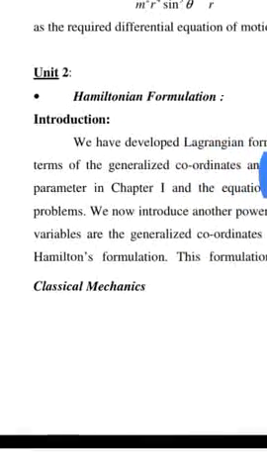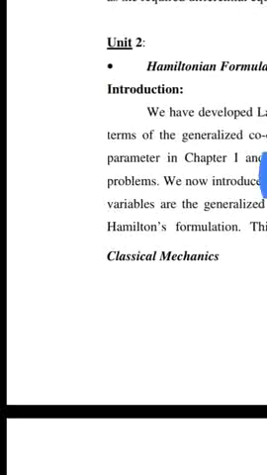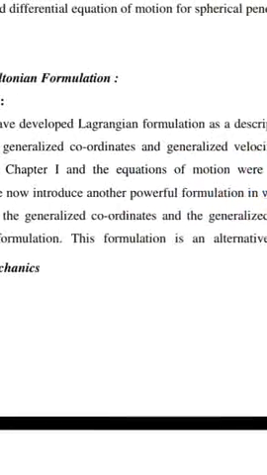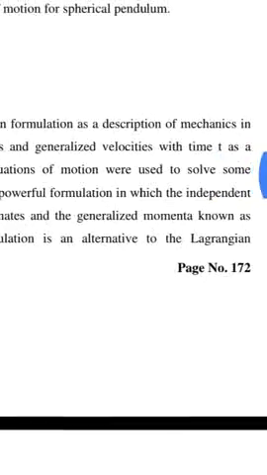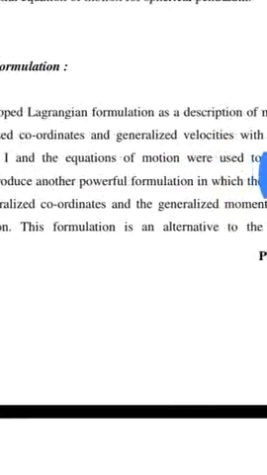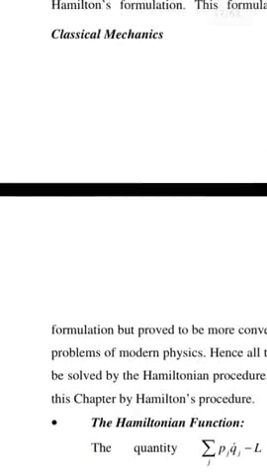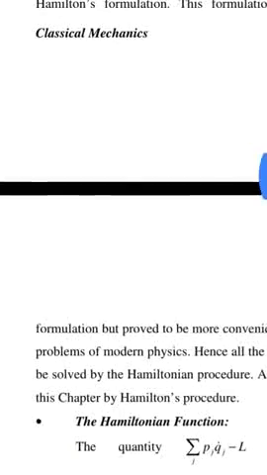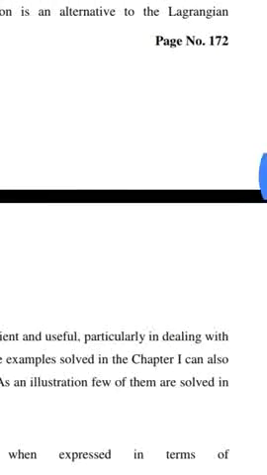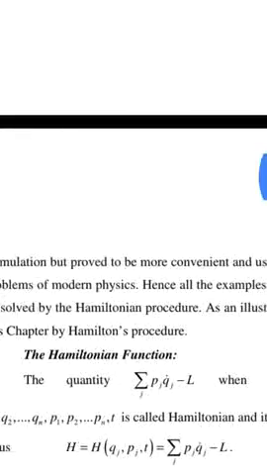We now introduce another powerful formulation in which the independent variables are the generalized coordinates and the generalized momenta, known as Hamilton formulations. These formulations are an alternative to the Lagrangian formulation but prove to be more convenient and useful, particularly in dealing with the problems of modern physics.